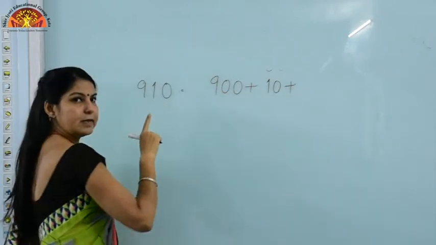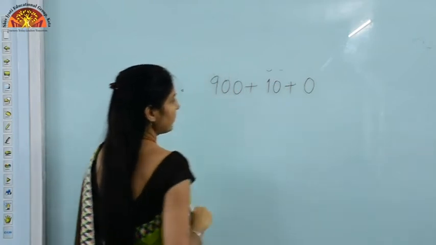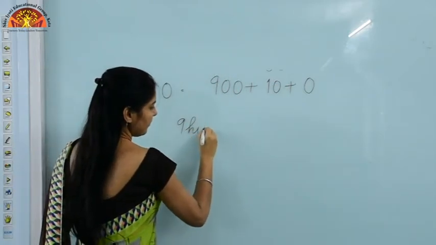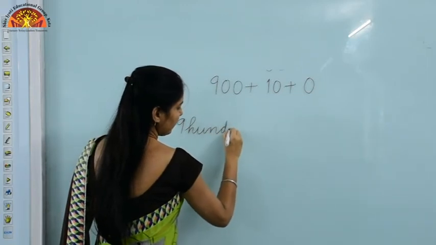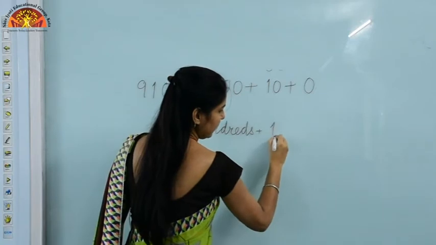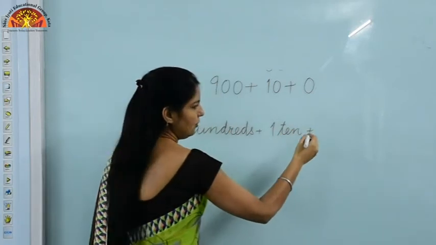And 0 is at ones place, so we will write 0 as it is. In another way, 900, 1 ten and 0 ones.